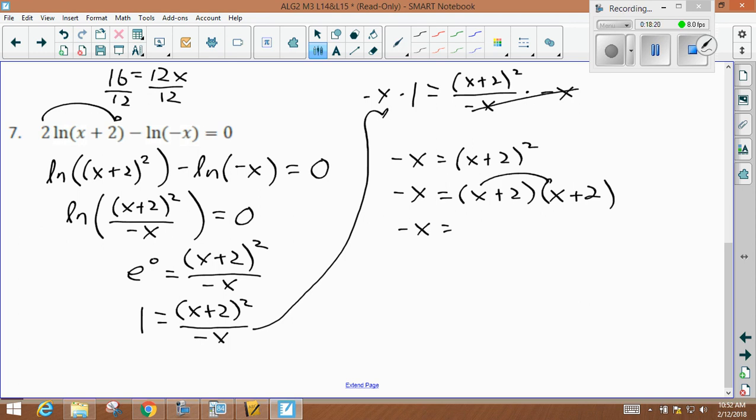So x times x is x squared. x times 2 is 2x. 2 times x is 2x. And 2 times 2 is 4. Let's go ahead and simplify this thing.